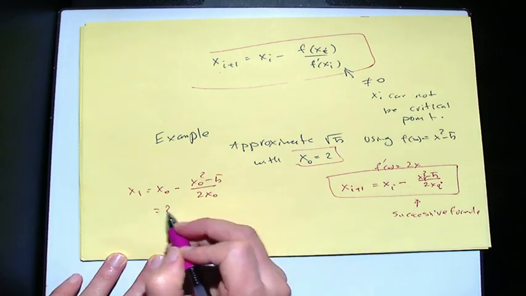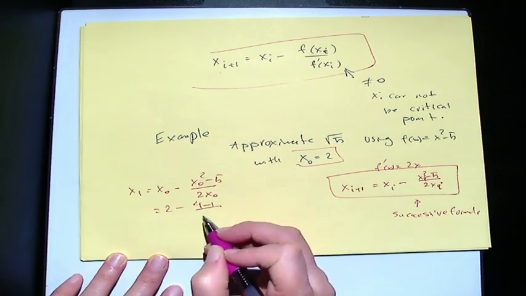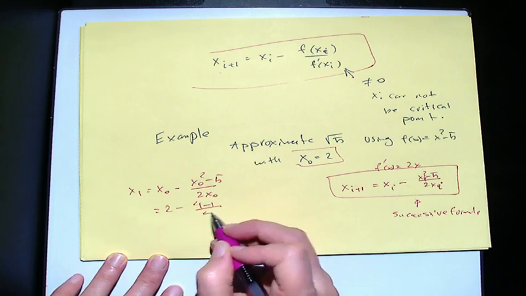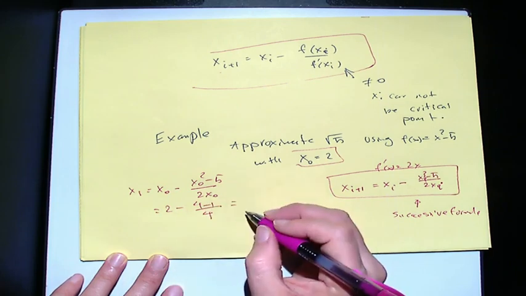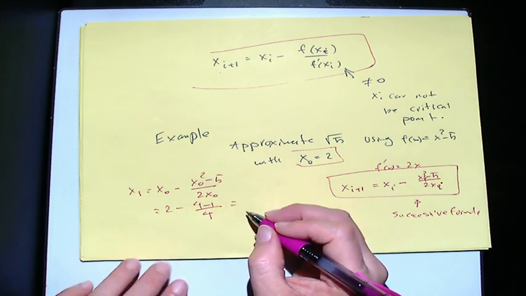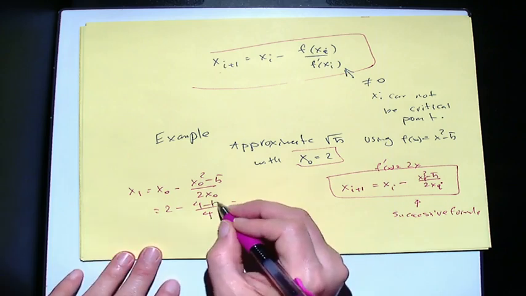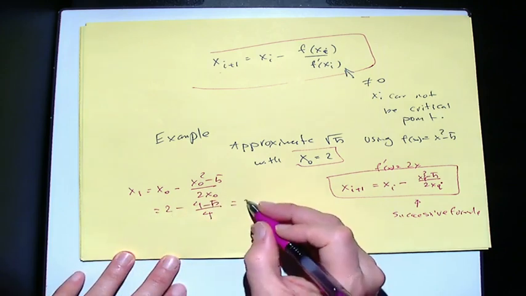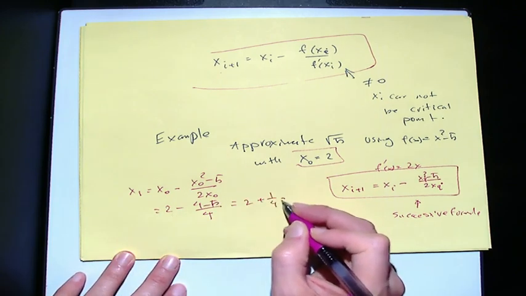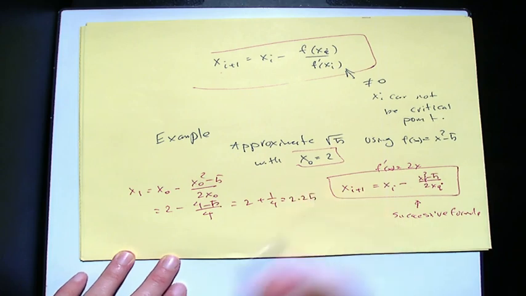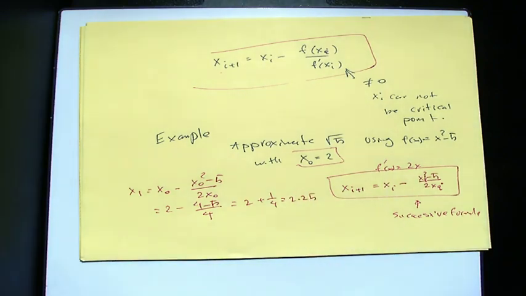That is 2 minus 4 minus 5 over 4, right? There we go. And so it's 2 plus 1/4. That's 2.25.